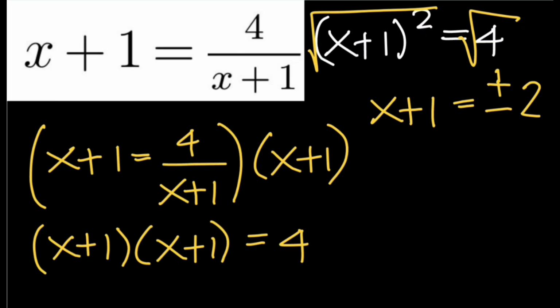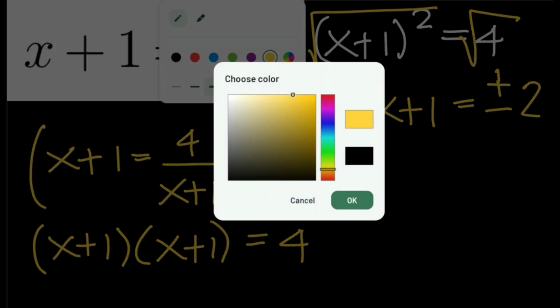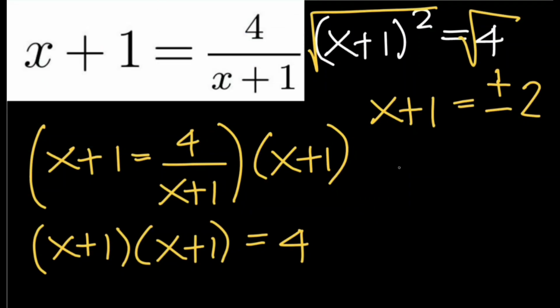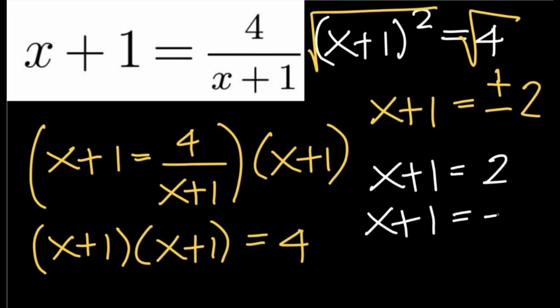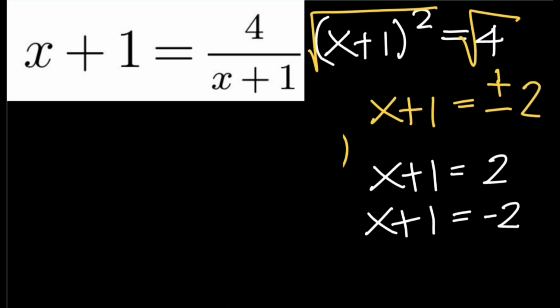We can separate this equation into two possible cases: x plus 1 equals positive 2, or x plus 1 equals negative 2. And then we can solve for the value of x.